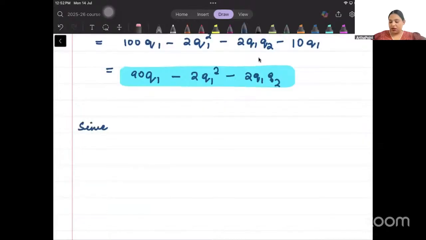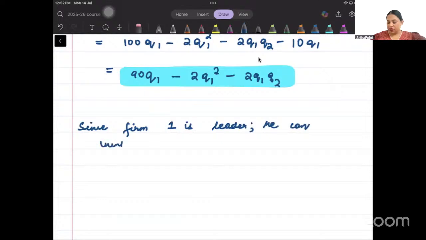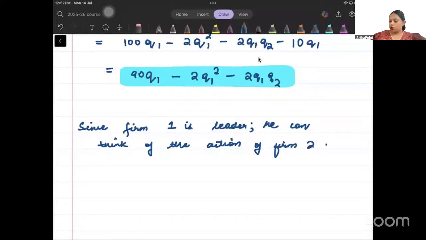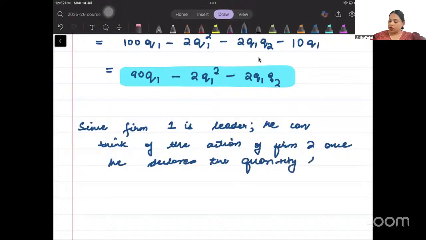since firm 1 is leader, he can think of the action of firm 2 once he declares the quantity he would sell.